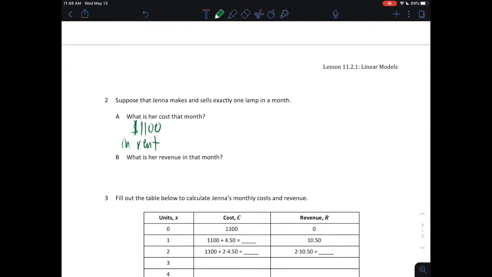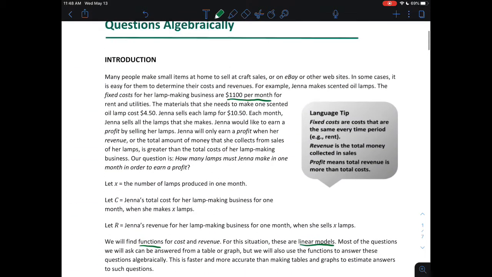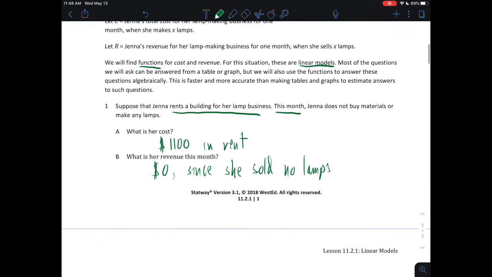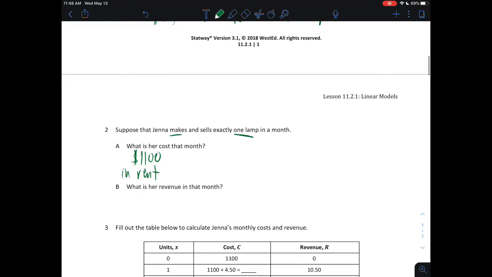But now let's think about what is the cost to make 1 lamp. Going back to the previous page, the materials that she needs to make 1 scented oil lamp cost $4.50. So it costs $4.50 to make 1 lamp, and you could say that's in materials.